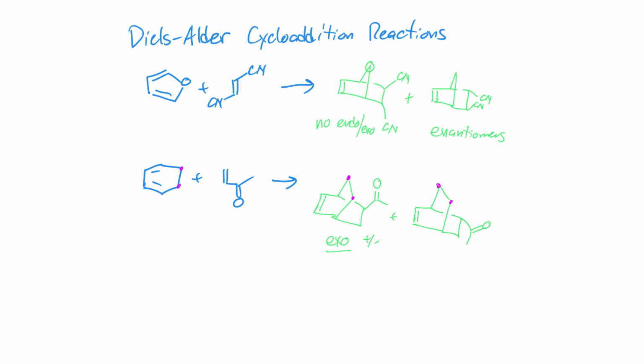And of course, I can have an enantiomer of my exo product, and I can have the enantiomer of my endo product. So let's call this the major, call this the minor. Of course, the enantiomers would form in a 50-50 mixture, and up here in the first reaction, I just get a 50-50 mixture of these 2 enantiomers. So that's how we go about assessing the product distribution and the product outcome in Diels-Alder reactions.